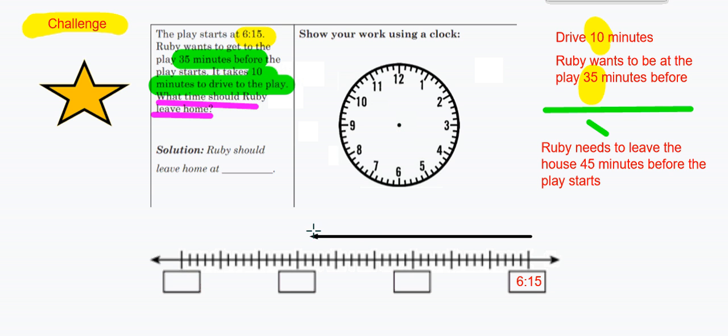Not only that, you also must consider that she needs to leave the house 10 minutes before, that it takes her 10 minutes to get to her final destination. So she wants to get there 35 minutes before, and she needs to drive for 10 minutes. So what time should Ruby leave her house? Think about it. Let me know.